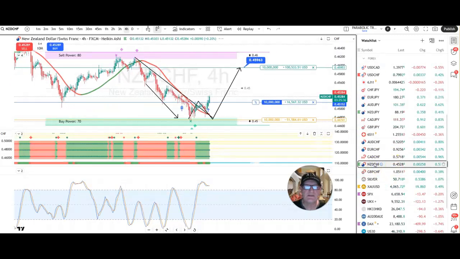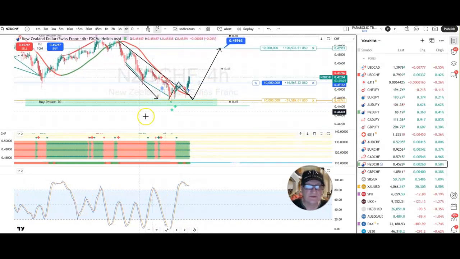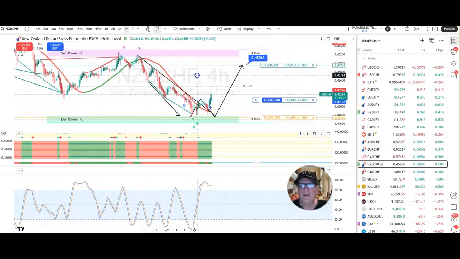New Zealand Swiss, again, not a reversal in the real sense because we don't have convergence, if people understand that. If you're not sure, then let me know. But what we've got here is a continuation pattern above the 50. It's broken this trend line, and we have change of character here, don't we? So it's moved above the previous high.